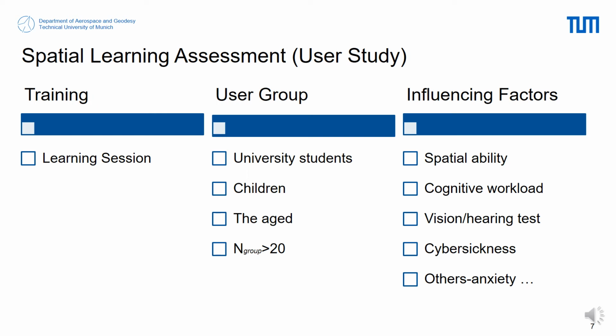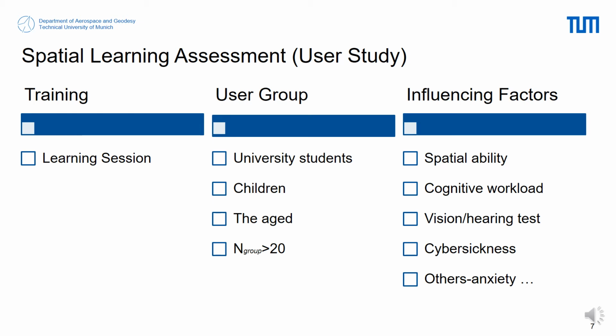For the user group, the most studied group is university students, as they are most easily reachable. And for studies of human development, children and aged people are of great interest. And finally, as for the sample size, either for within-subject or between-subject experiment design, usually the minimum sample size should be 20 users per group.